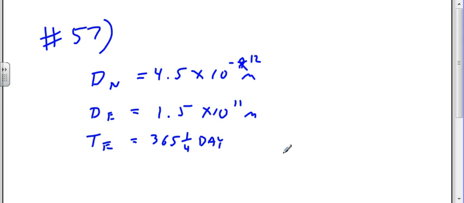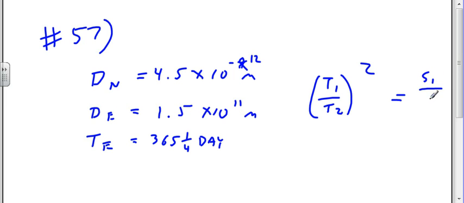Back to Kepler's law in section 5-8. And we see that T1 over T2 squared is equal to distance 1 over distance 2 cubed.